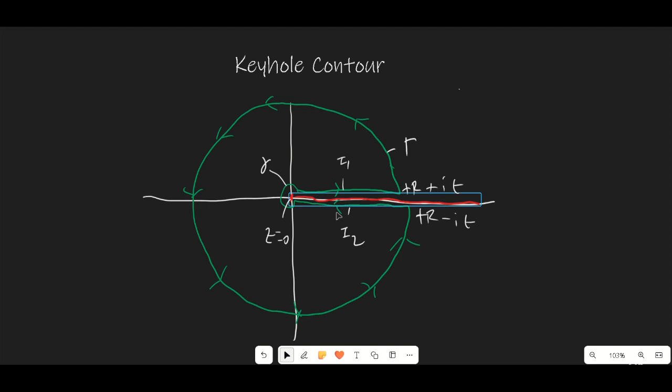And essentially what will happen in many situations is because we have our branch point at z equals 0 and our branch cut running from z equals 0 to z equals positive infinity, the integrals just above the real axis and just below the real axis are going to interact with each other a little bit.